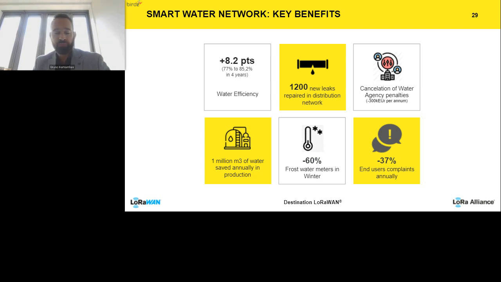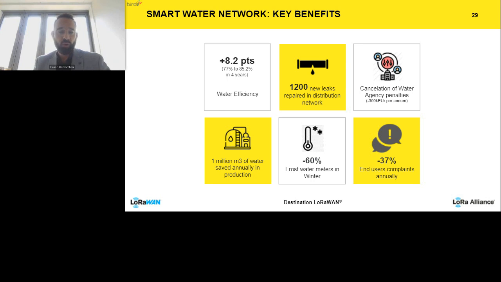We have also some winter period where water meters can be frozen by very harsh winter. And when you have a client whose water meter has been destroyed by frost and who doesn't have any more water, then it's a pain to manage.